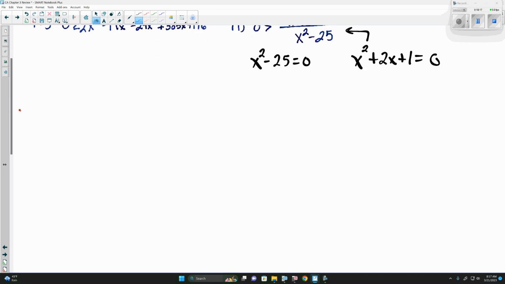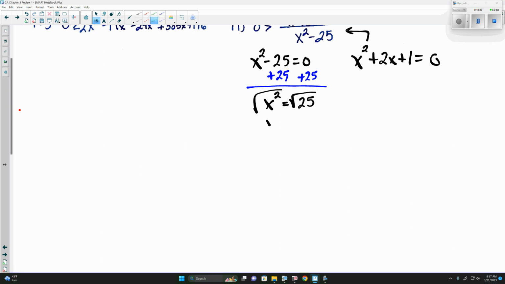x squared minus 25. Now, since there's no middle term, we can add 25 to both sides, telling us x squared is equal to 25.